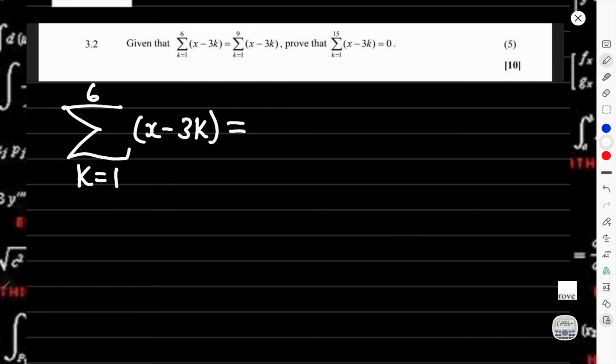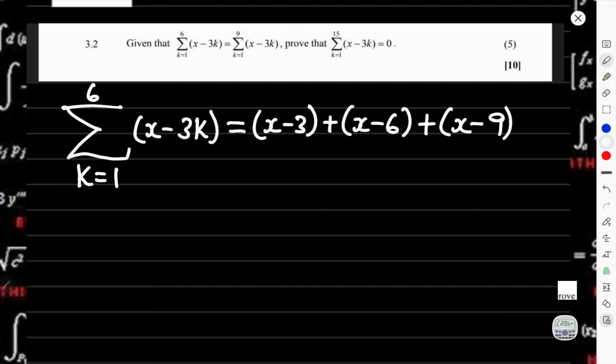When we substitute by 1, the first term is x minus 3. We substitute by 2, it will be x minus 6. We substitute by 3, it will be x minus 9, plus and so on. Now we have a, which is given by x minus 3.